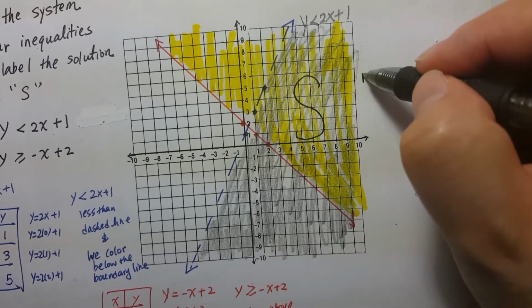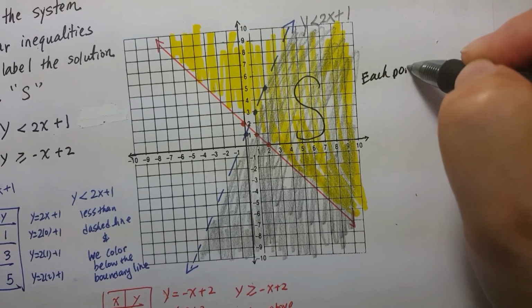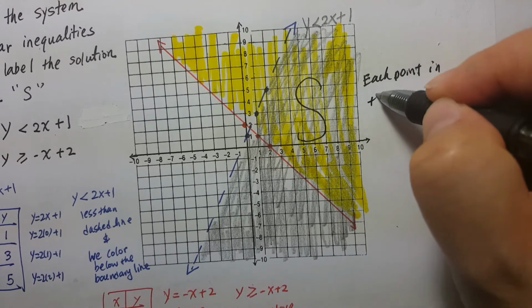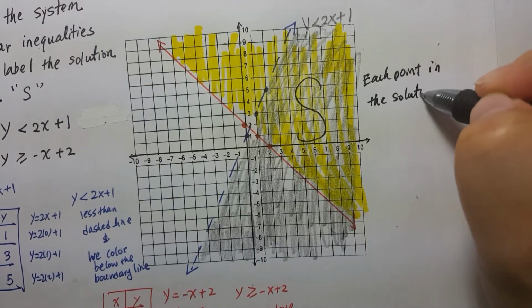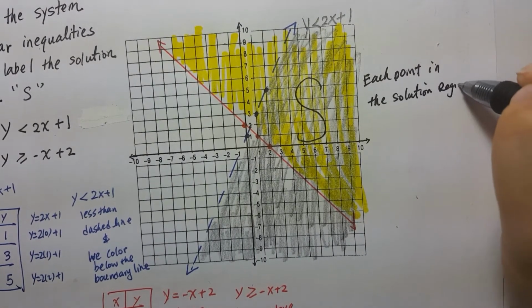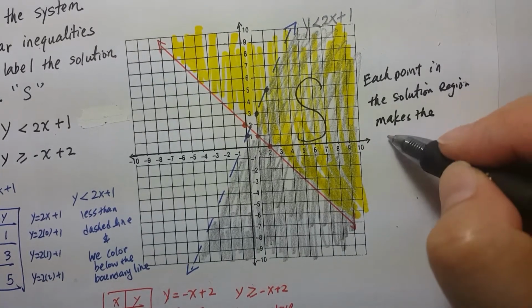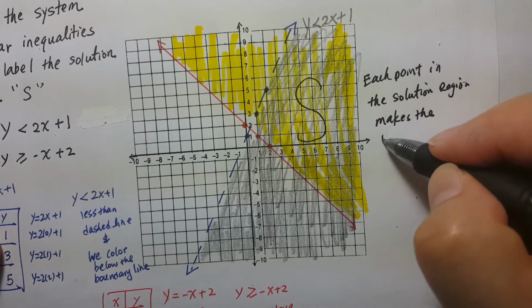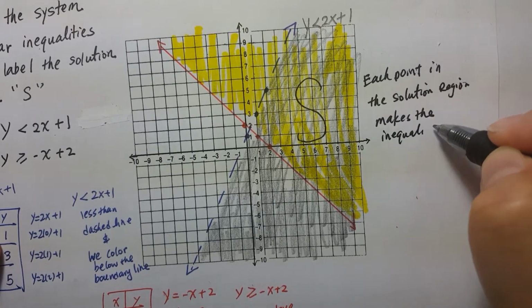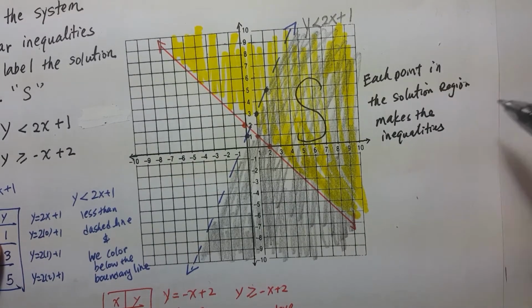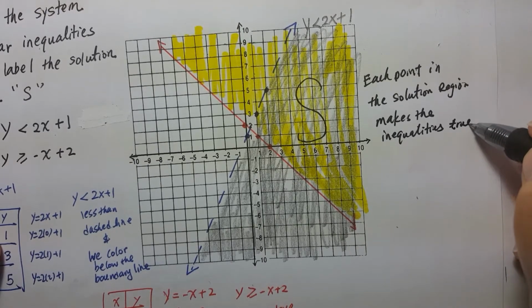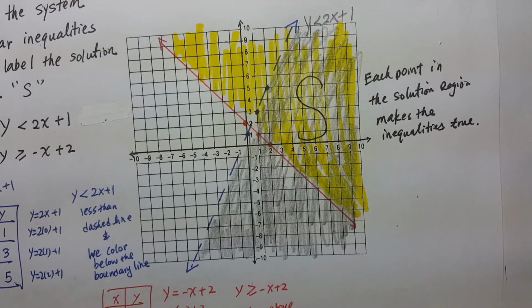So each point in the solution region makes the inequalities true. So now every single point over here makes the inequalities true.